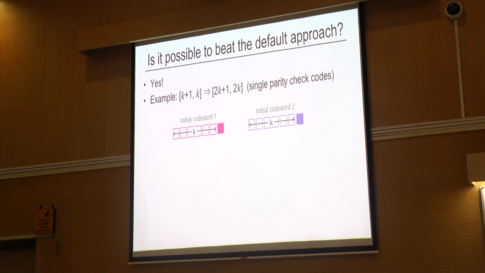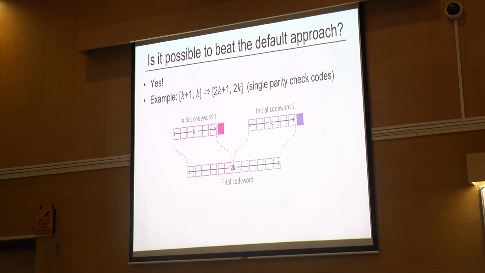Here are the two initial code words, each of which has k data blocks and one parity block. Empty blocks are data blocks and shaded blocks are parity blocks. Now in the final code word, after doing conversion, we want to have 2k data blocks, the empty blocks, and then one shaded block, which is the parity block.